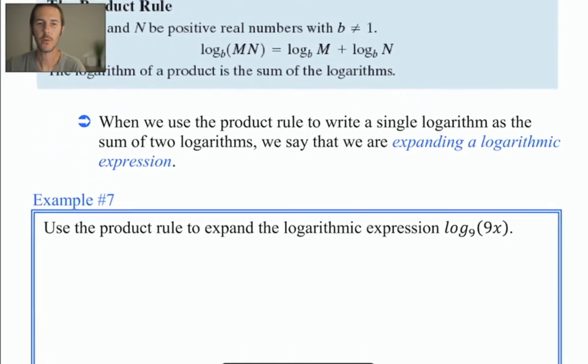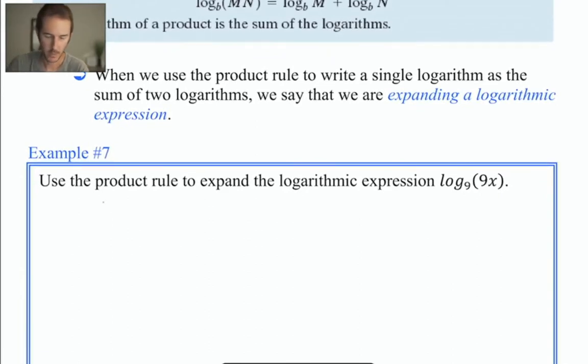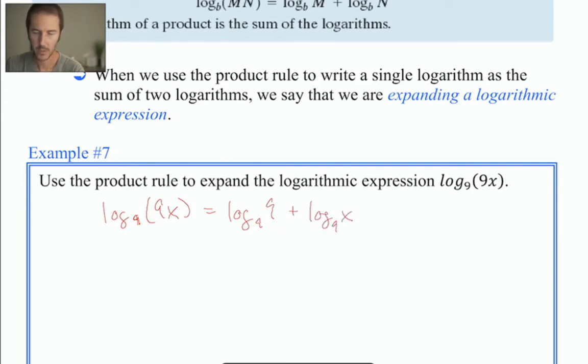All right, so we can use the product rule to expand a logarithm like this one. Log base 9 of 9x turns into log base 9 of 9 plus log base 9 of x.